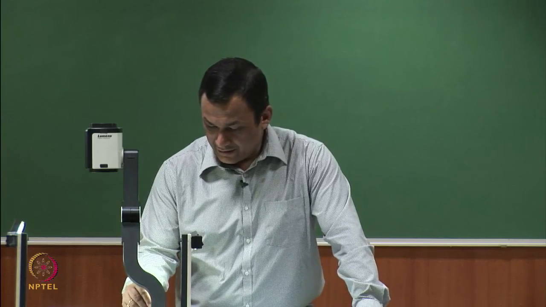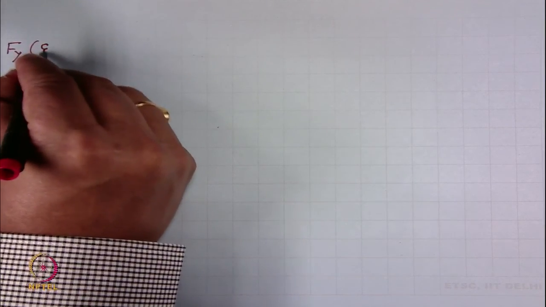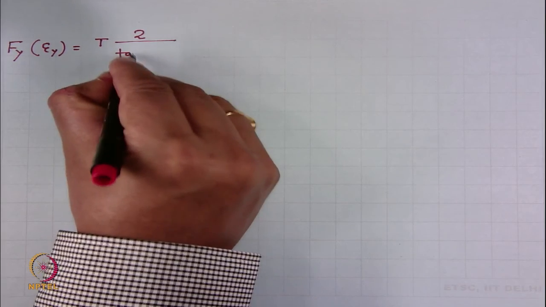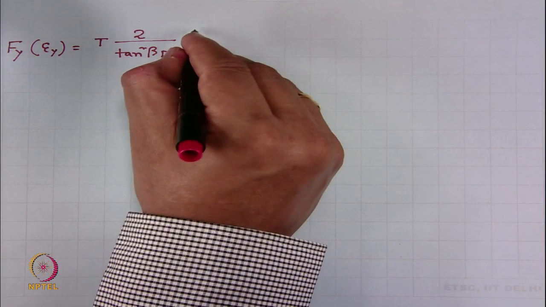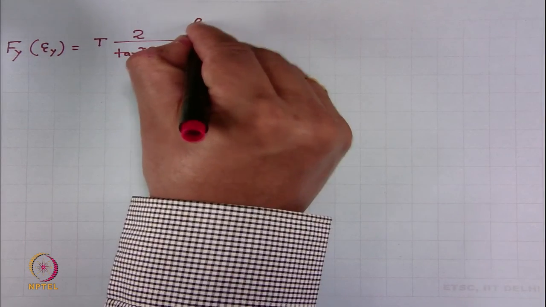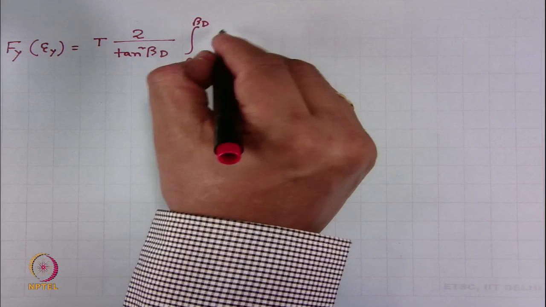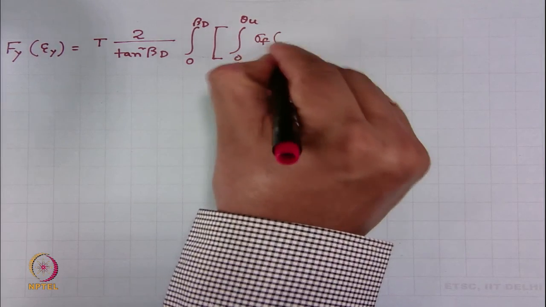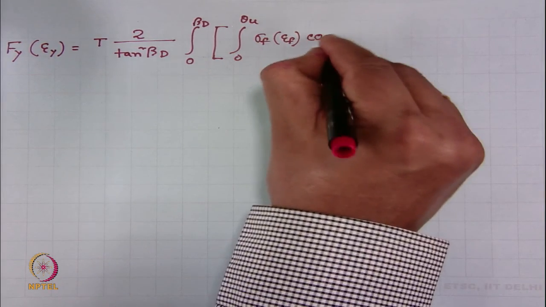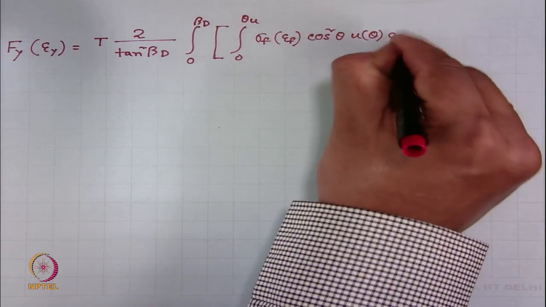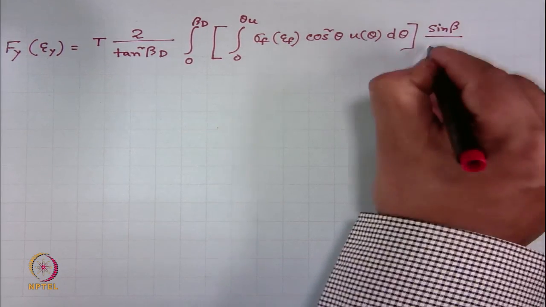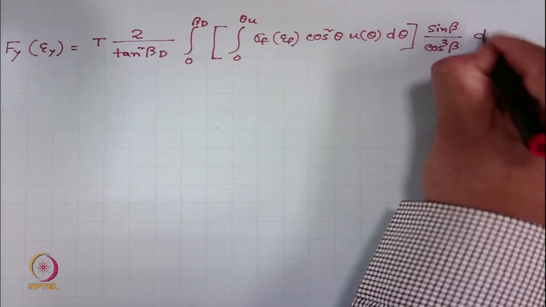Because we know these functions now, say f, y, t: 2 by tan square beta d, 0 to beta d, theta u, f cos square theta u theta d theta, sin beta by cos cube beta d beta.